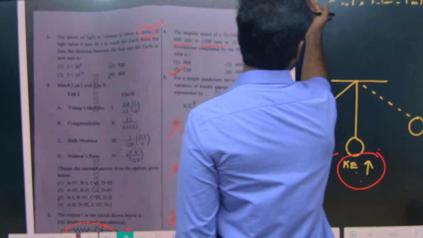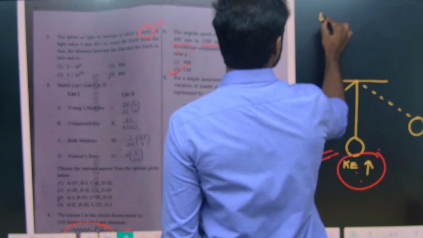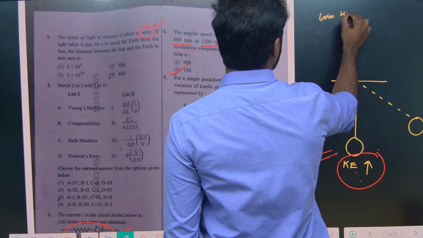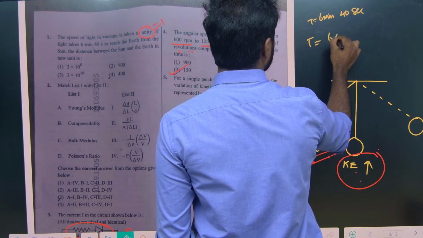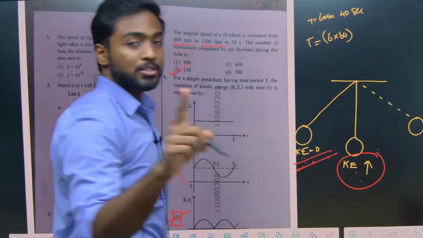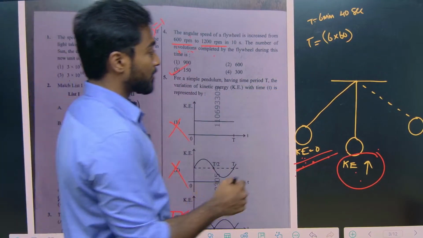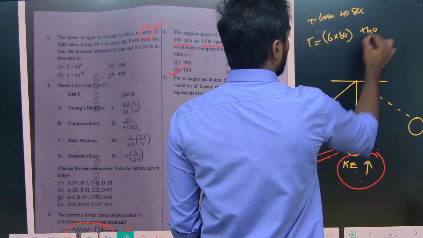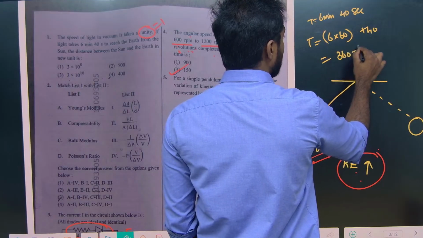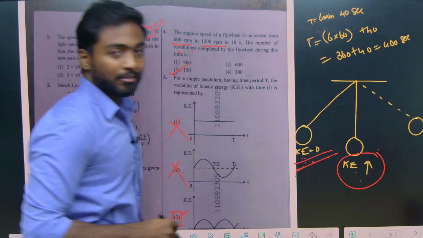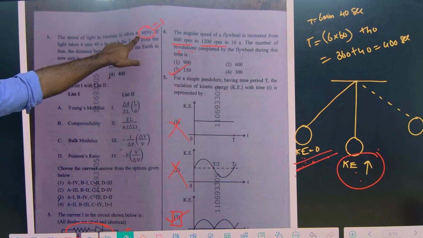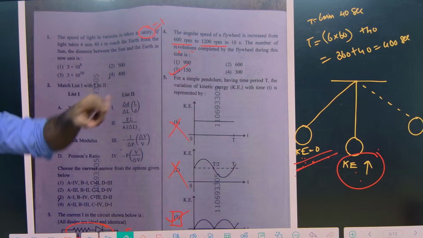So 6 minutes 40 seconds, the time t. So t will be equal to 6 into 60, 1 minute equals 60 seconds. So 6 into 60 plus 40, which gives us 360 plus 40, 400 seconds. We know the speed, so can I get the distance value?